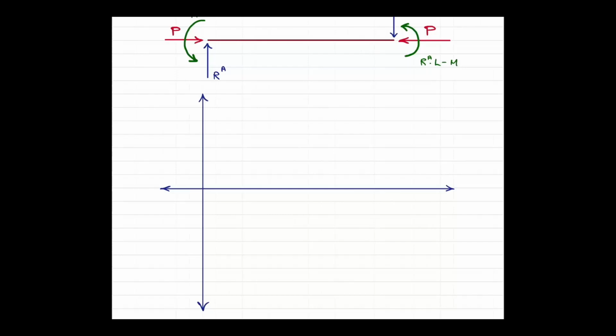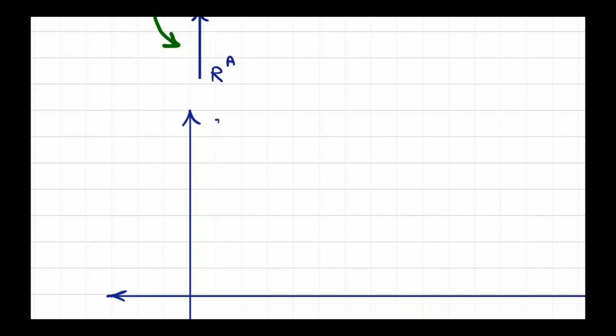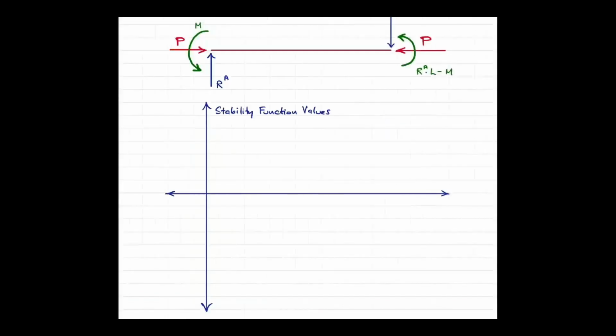So the y-axis is the value from your stability function. The x-axis, in order to write the stability function value as a relationship, you can write it in terms of P or KL, because that controls your stability function.